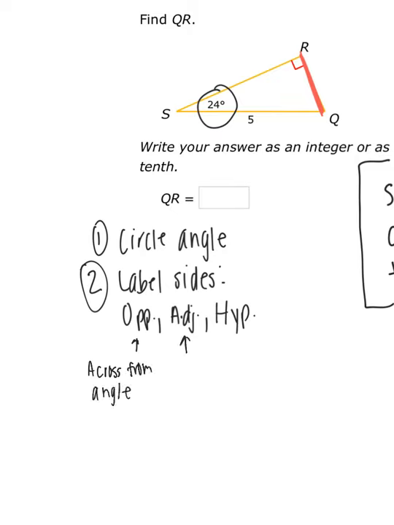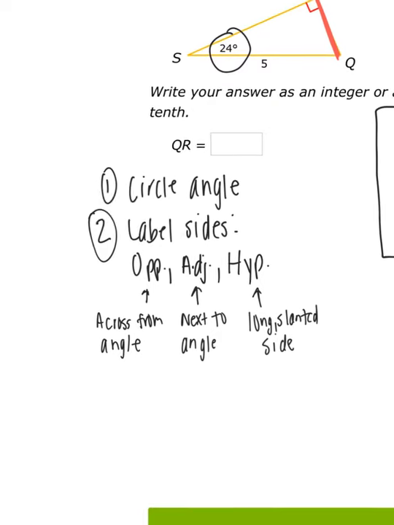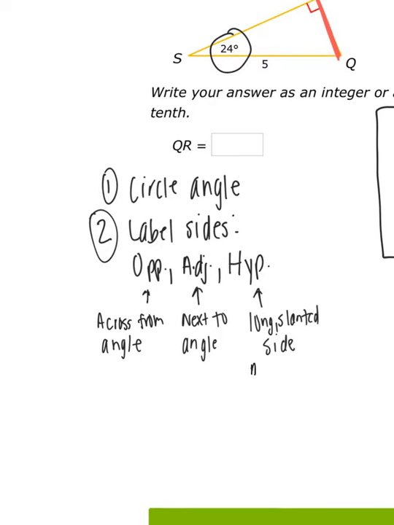The adjacent is the one that's next to the angle. And then hypotenuse is your long slanted side. Sometimes it's hard to tell the difference between the adjacent and the hypotenuse just by looking at the picture. So the way that I check myself is that the hypotenuse is also across from the right angle. So it's always across from that right angle.